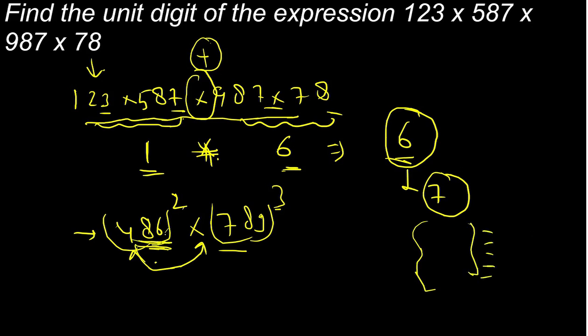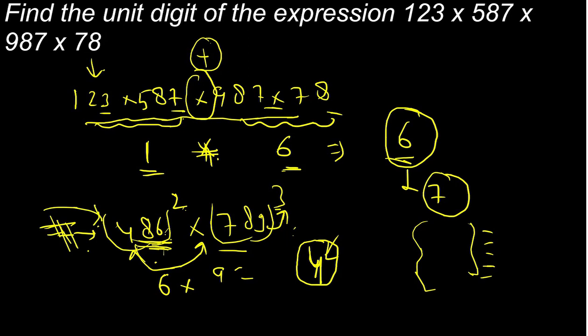Any power of 6 will end on 6. 9 cube is 729, and 9 times 6 is 54. So in the question, if there is a digit which is ending on 4, that is going to be your answer. Okay, so I think you also know what the application is and how you can use your maths. This is how you can use maths in the multiplication process.